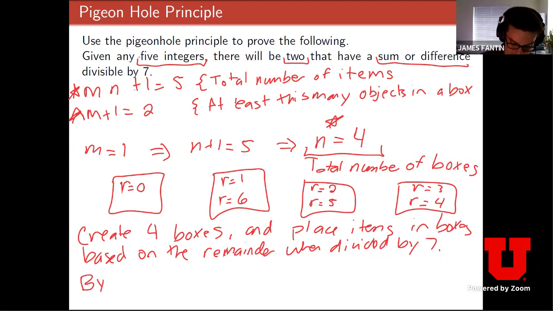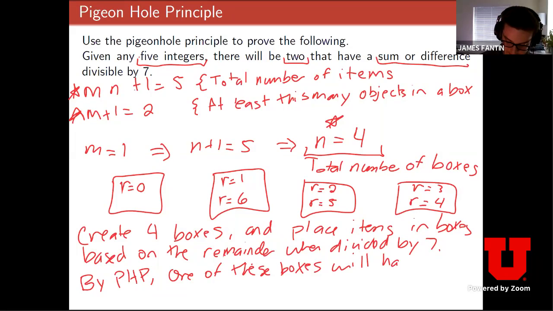And then we know that by the Pigeonhole principle, one of these boxes will have at least 2 items.